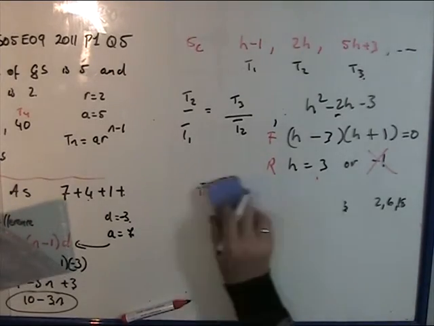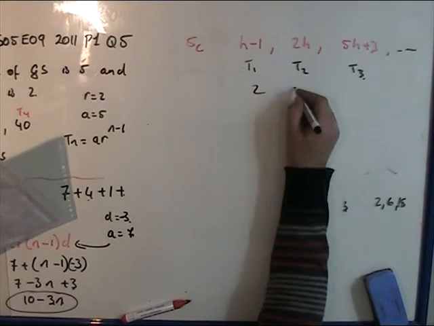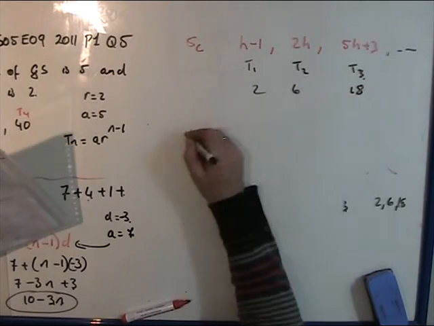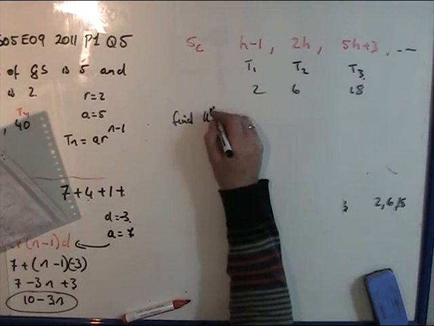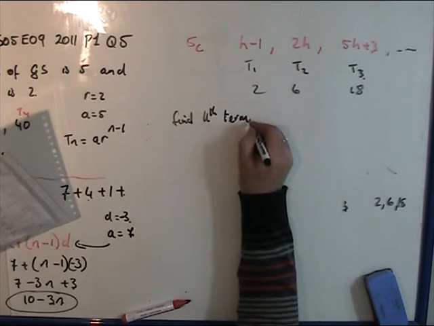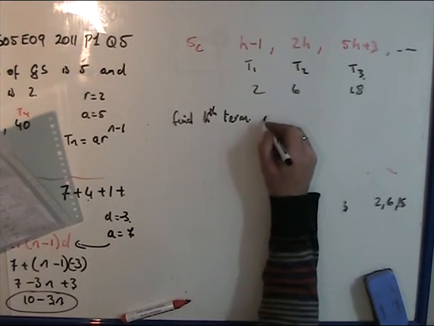And the last part says find k. 2, 6, and 18. Find the kth term. So that'd be the nth term or the kth term of the sequence.